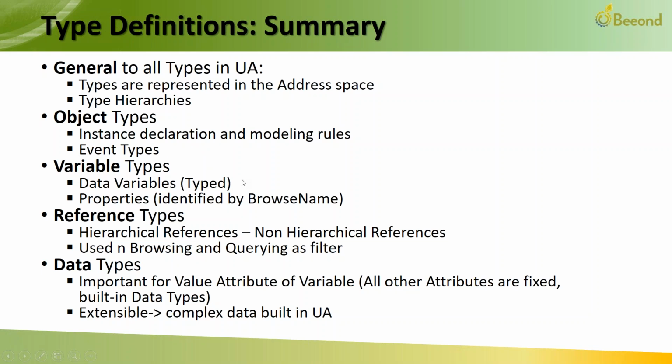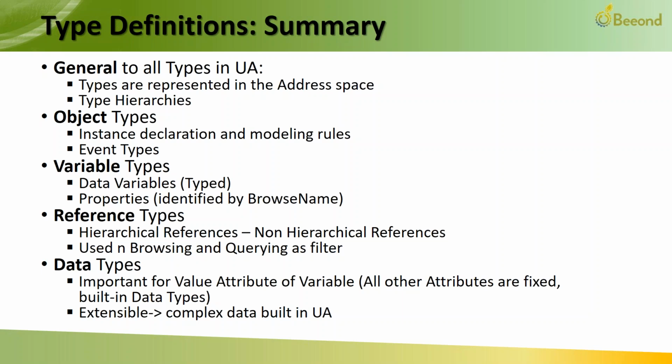The variable types can have data types and can be carrying properties, or can be instantiating properties along with their variable values. Reference types are those specialized nodes that define the relationships among objects, can be hierarchical or non-hierarchical, and can also be created by the user.